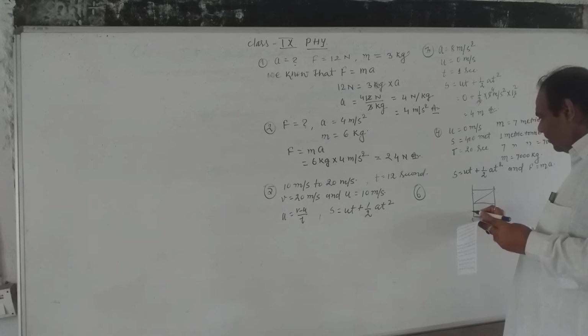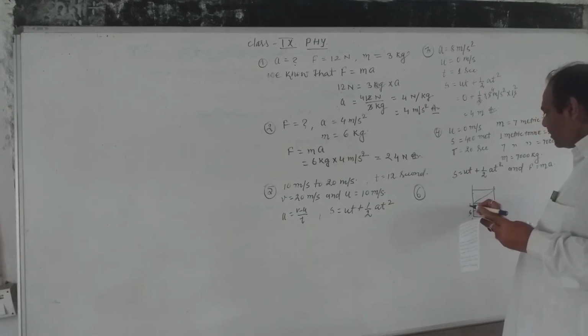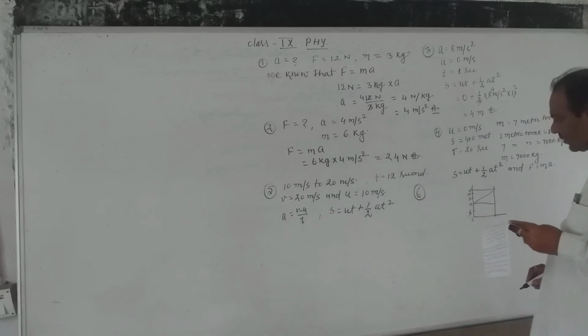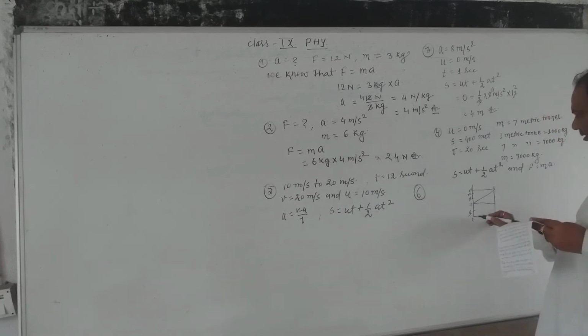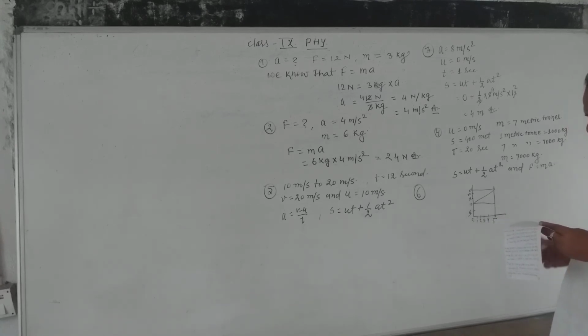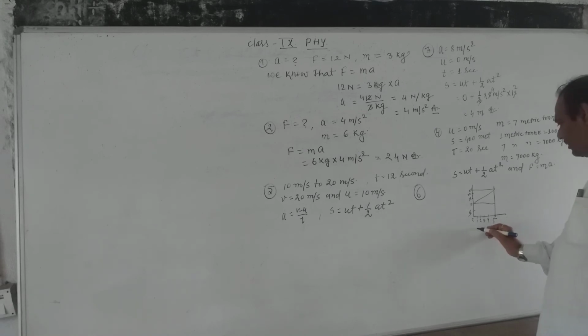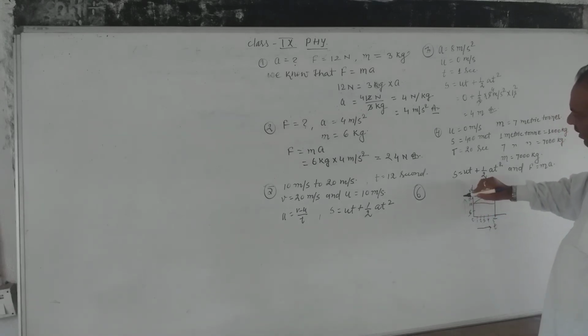Here 0, 5, 10, 15, 20 and 25. Here 1, 2, 3, 4 and 5. This side refers to time and this side refers to velocity.